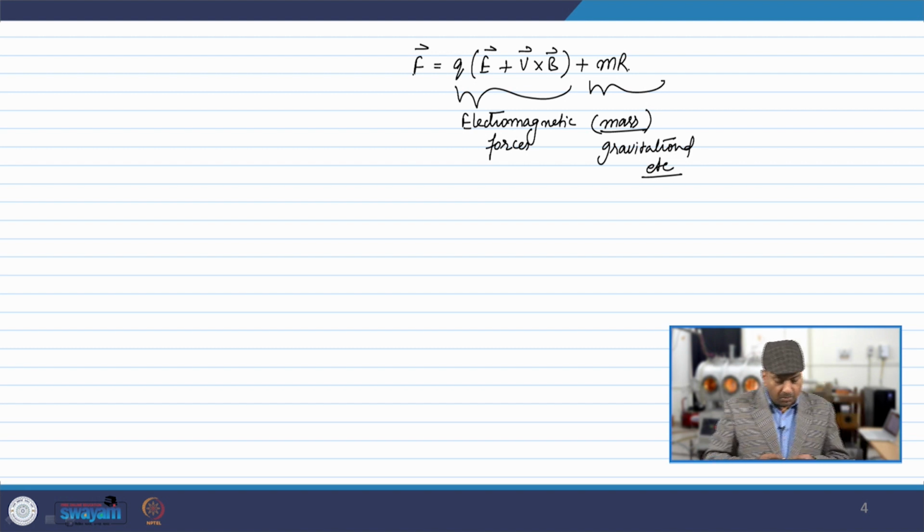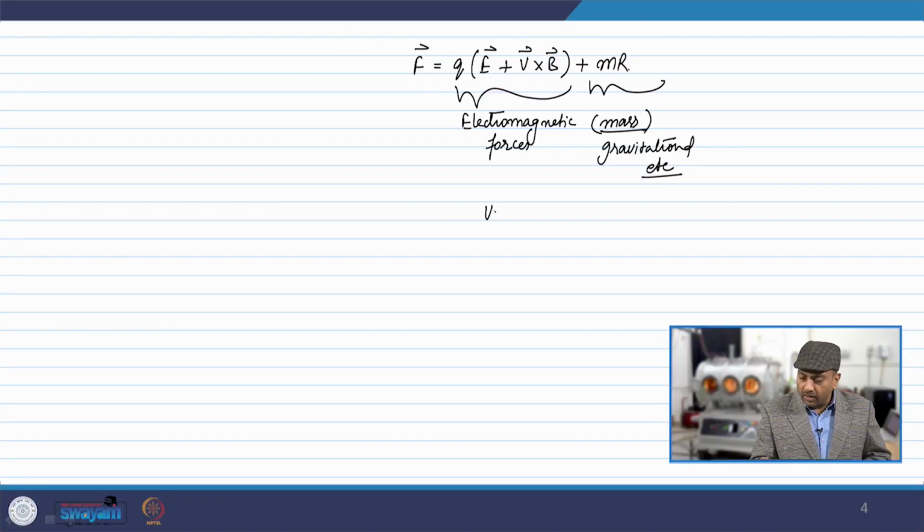Under all these assumptions, we will now treat plasma as a single particle, and we will impose various different configurations of electric as well as magnetic fields. Right. So, this is a very important topic in plasma physics. Before we go to the advanced topics, it is very important for us to understand the single particle theory of plasma.